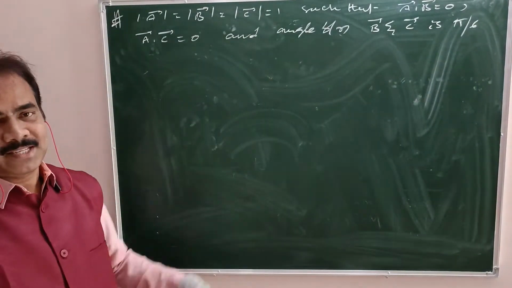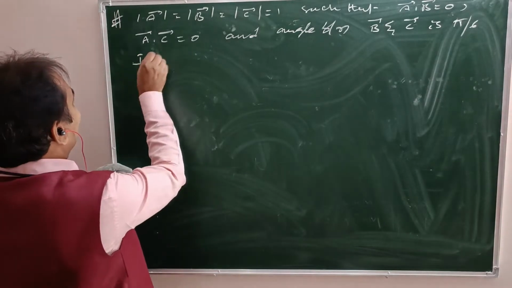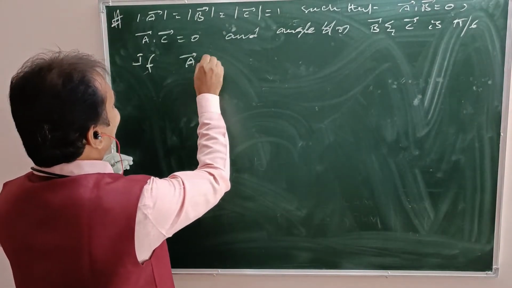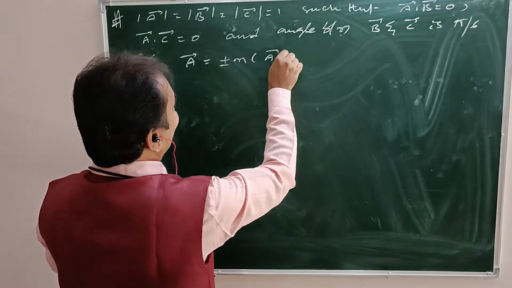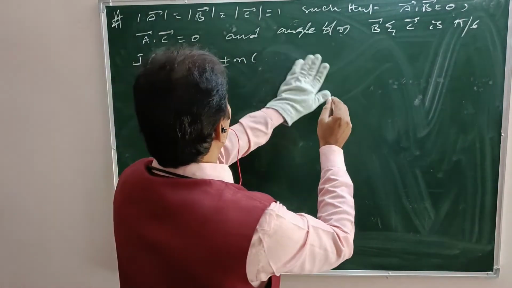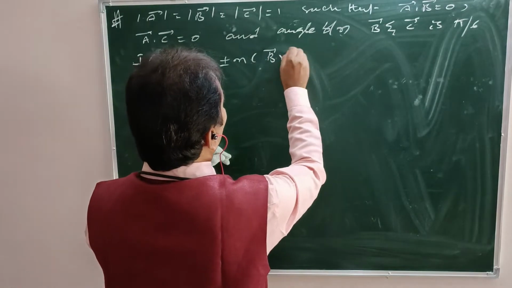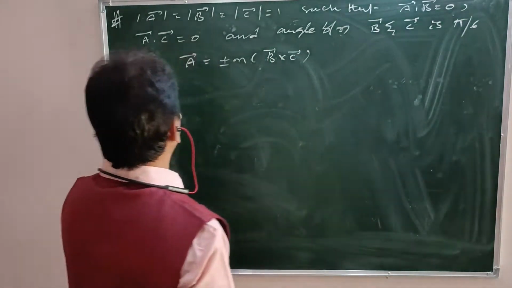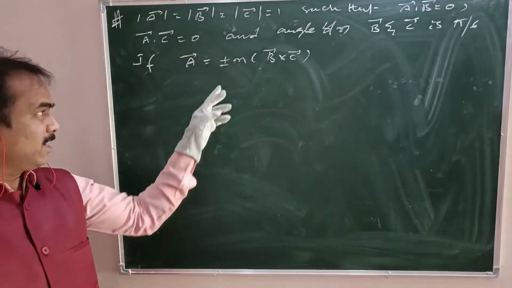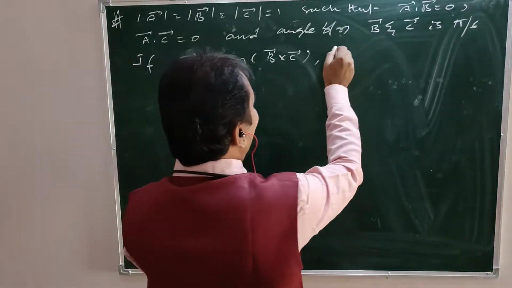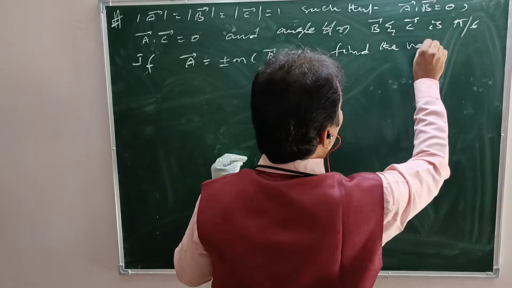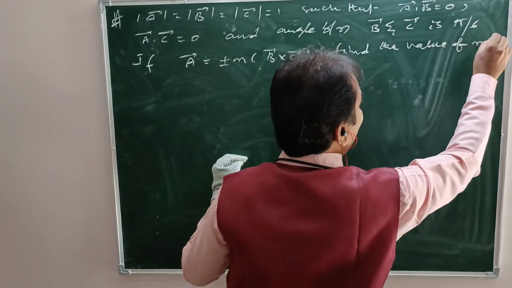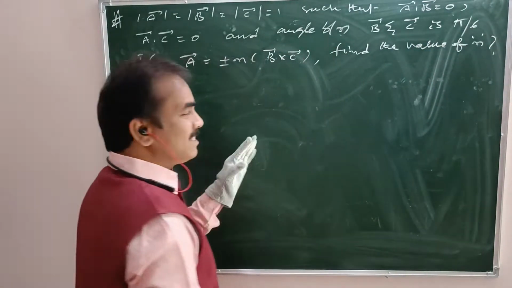If A bar is equal to plus or minus n into B cross C, find the value of n. It's an integer type question.